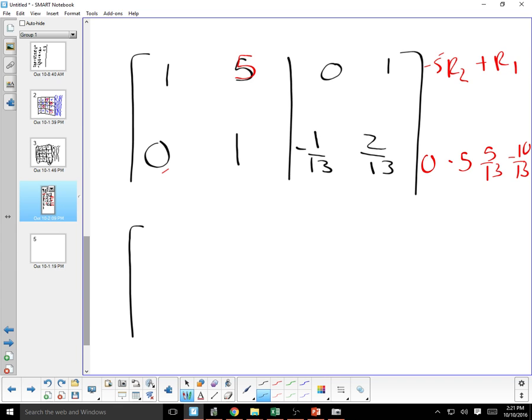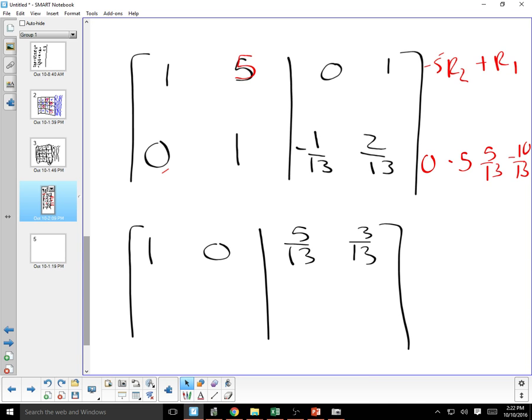Let's add them up. 1 plus 0 is 1. 5 plus a negative 5 is 0. 0 plus 5/13 is 5/13. 1 plus negative 10/13.